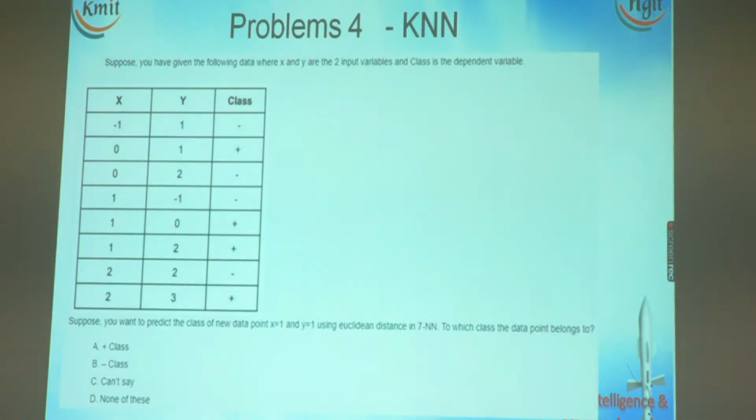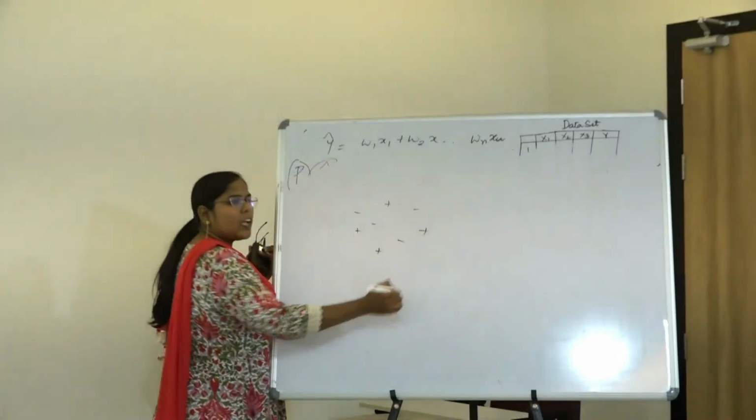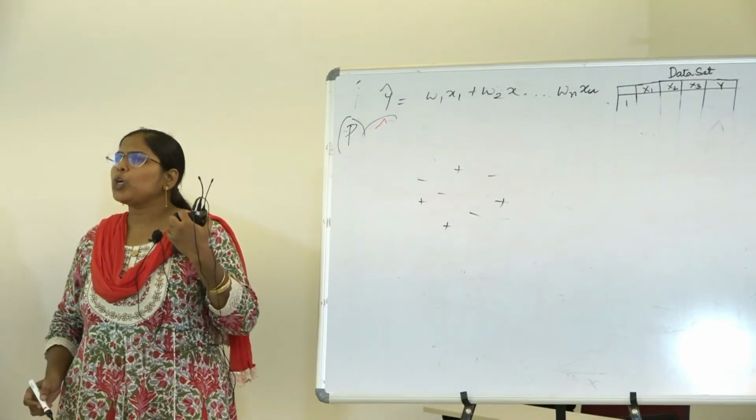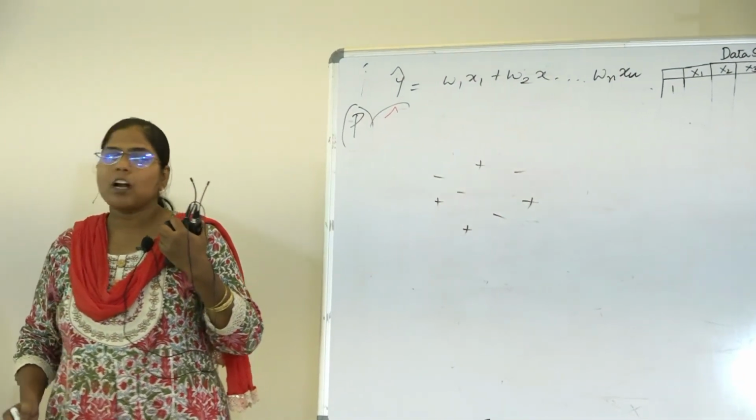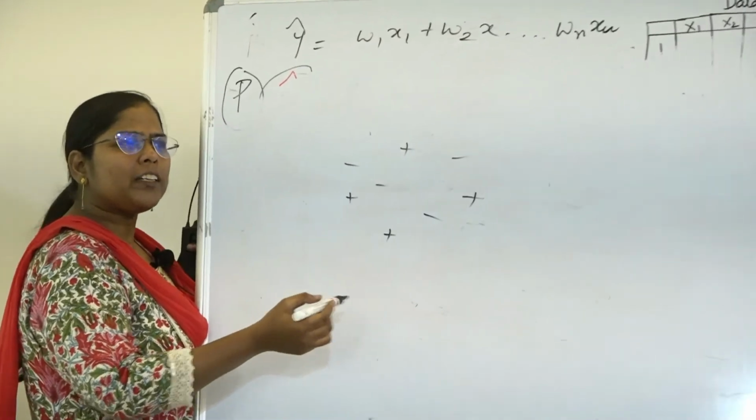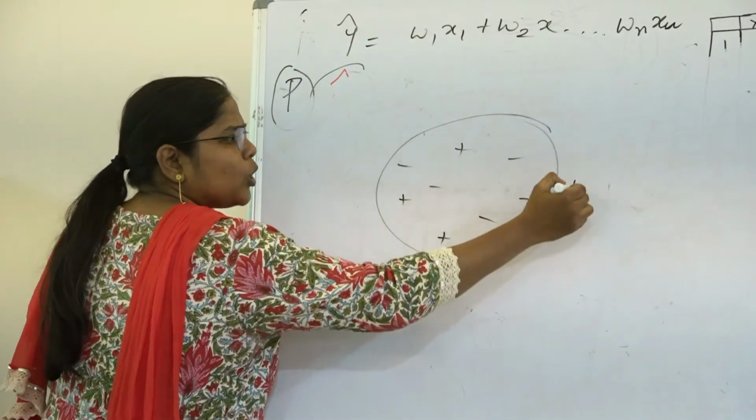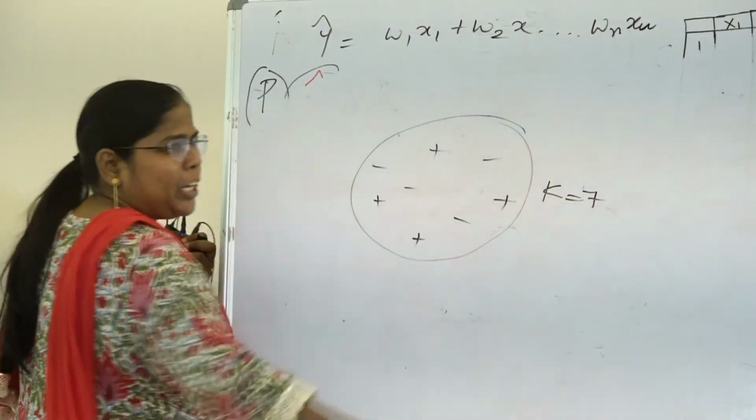Among that, how many positive classes are there? See the last column, class. 4. Now, how many negatives are there? Totally, how many neighbors do I have to select? 7. So, I'll select the 7 neighbors.